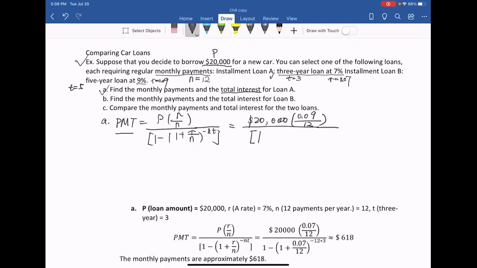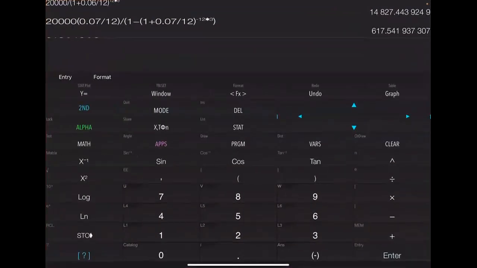The denominator is 1 minus 1 plus R over N, 0.09 over 12, to the negative NT. Right now, N is still 12 and T is 5 years. So use the calculator to find the PMT. Actually, let's see.